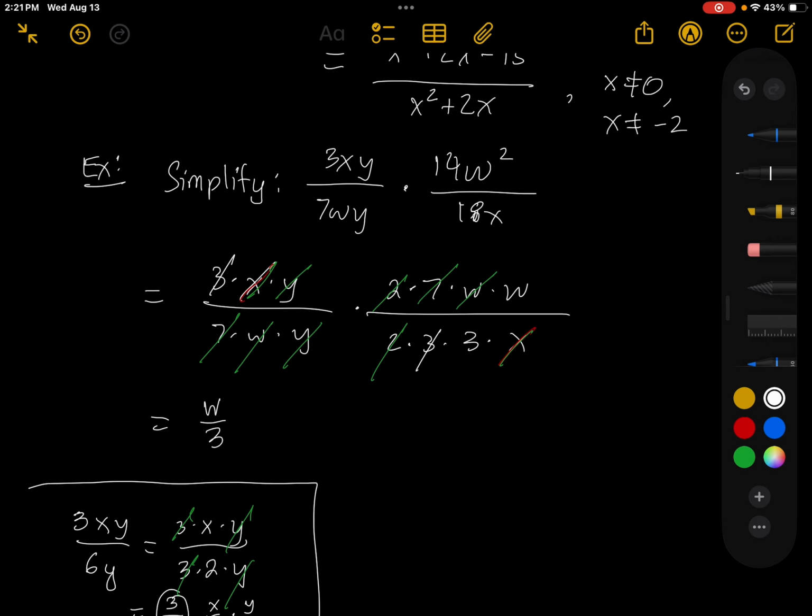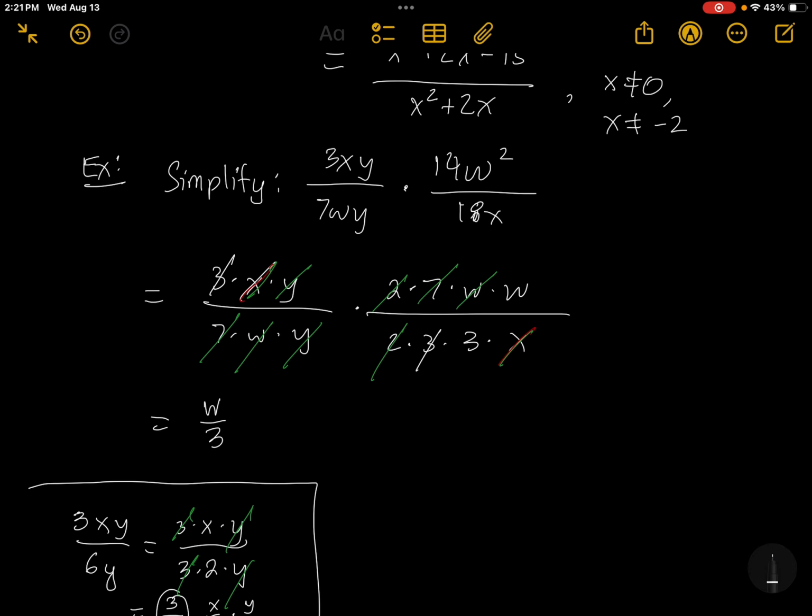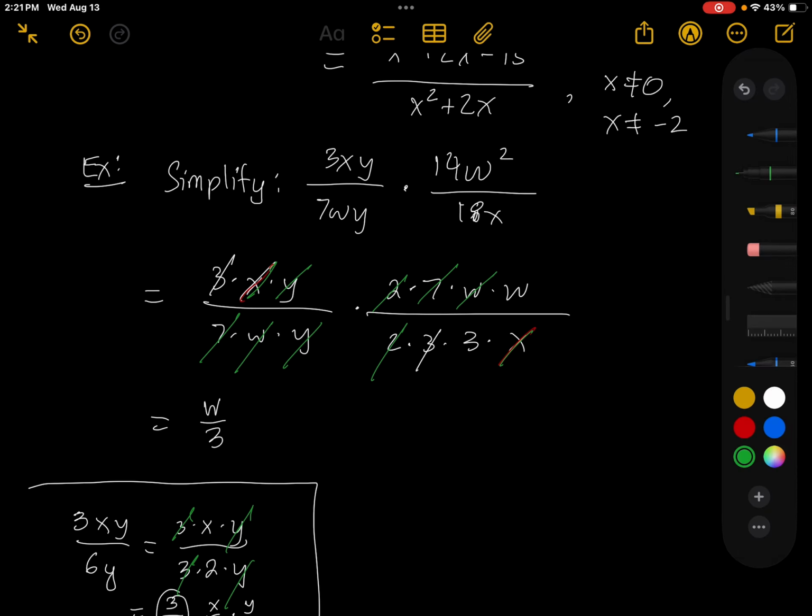Because if you look at this, if w is 0, you don't get anything. This expression is not defined when w is 0. However, this expression, w over 3, is defined when w is 0.